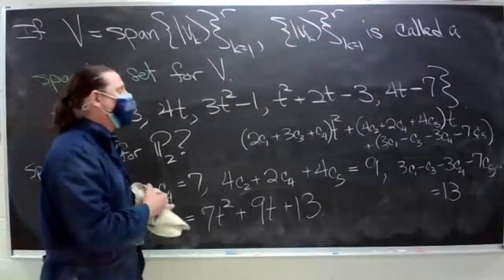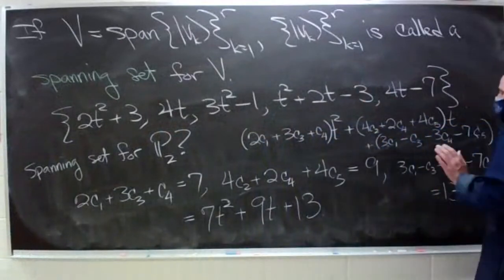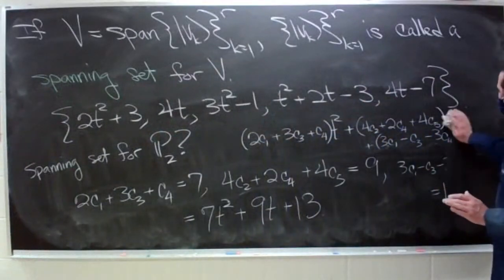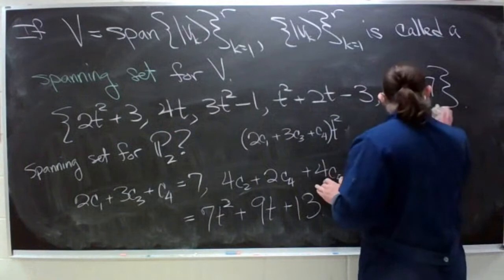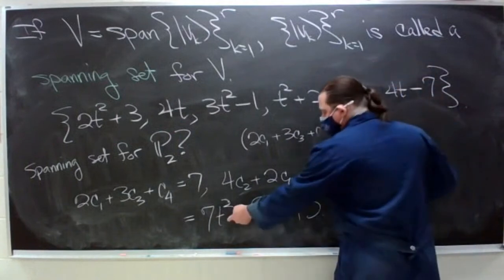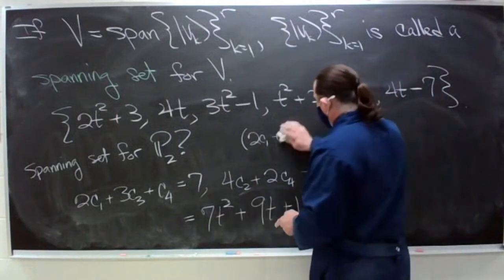What we're doing there is we're making an argument based on these elements here, t squared, t, and 1.